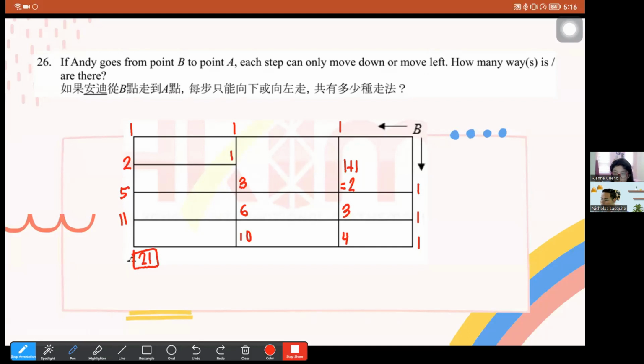Okay, so if I were you, you can just use this technique here because you just keep on adding to solve for the answer, right? If it's going down and going right, then the only thing that can add here is those going to the left and going down, based on the given.